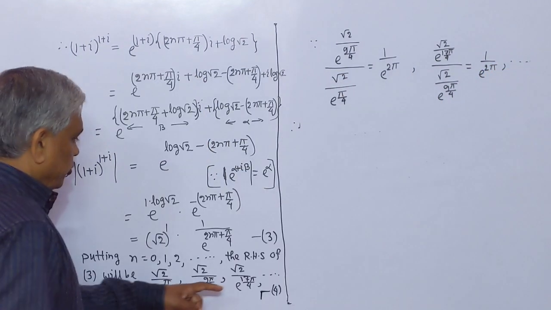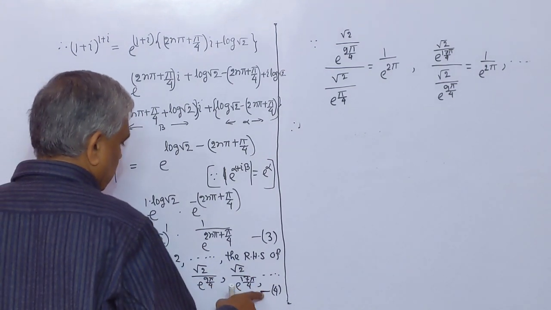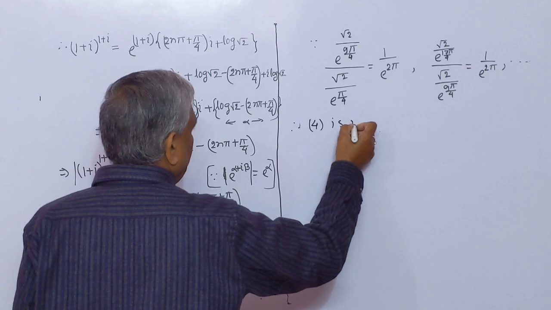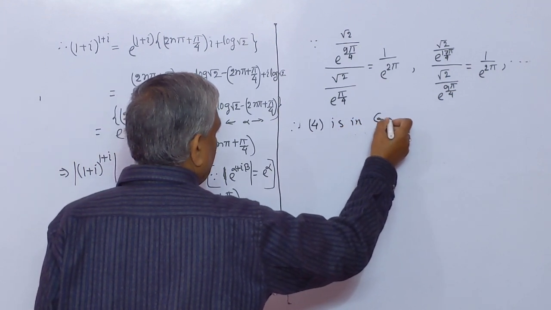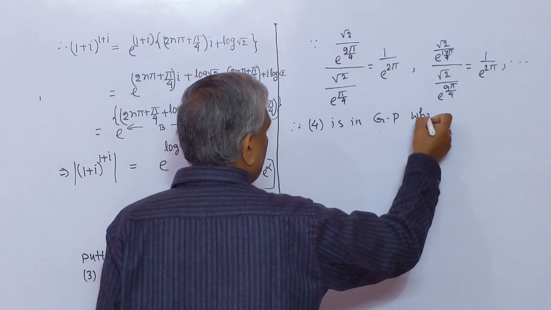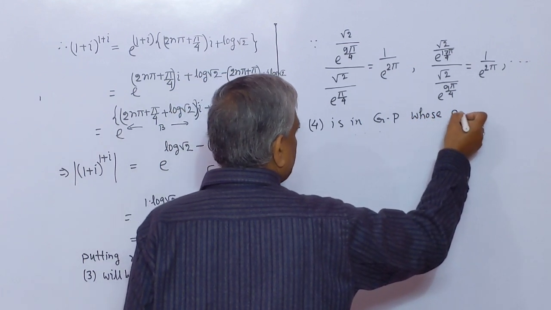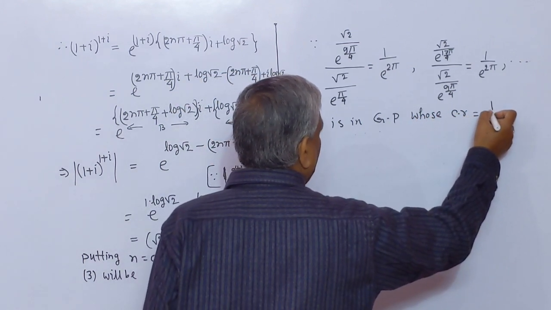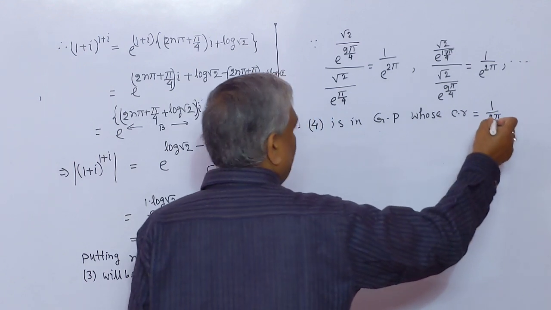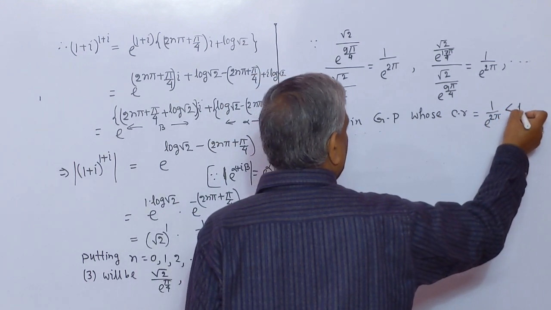Therefore, this is in GP, whose common ratio is equal to 1/e^(2π), and this is less than 1.